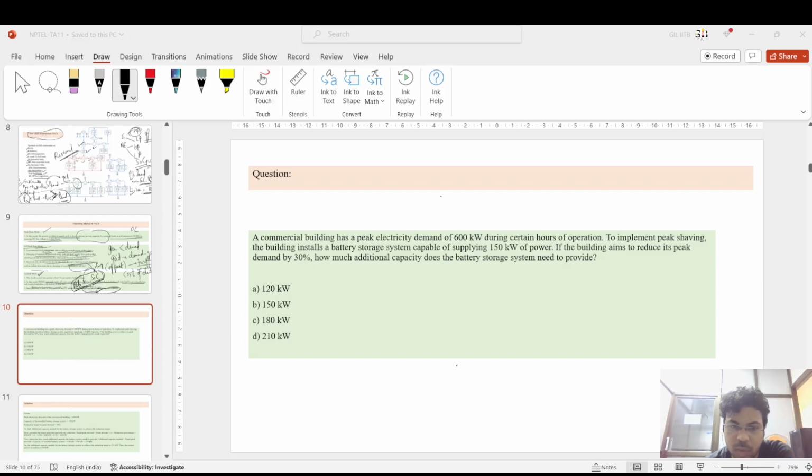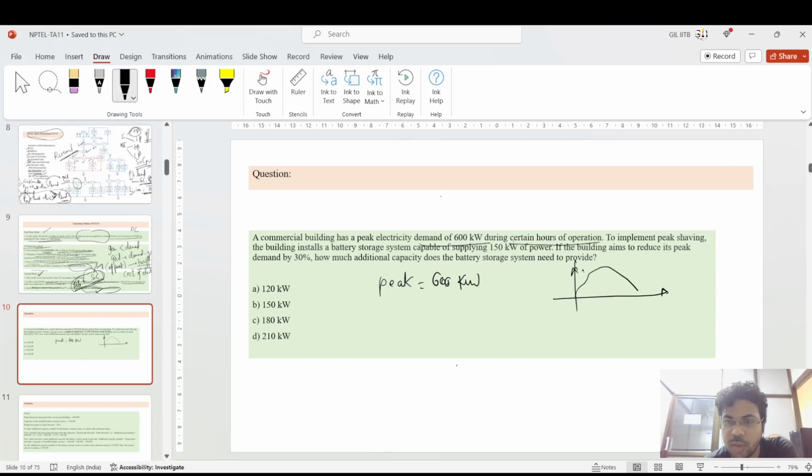Okay, let me come to the solution. Let's read the question first. It says that a commercial building has a peak electricity demand of 600 kilowatt. It means that the peak is 600 kilowatt. Suppose this is the actual load curve, this is the peak time.